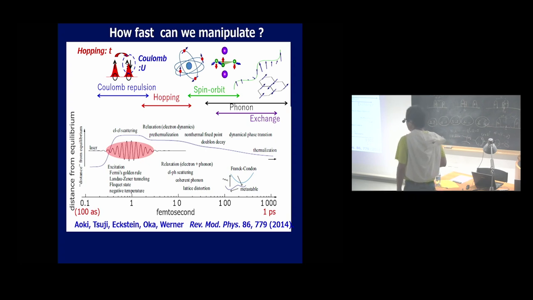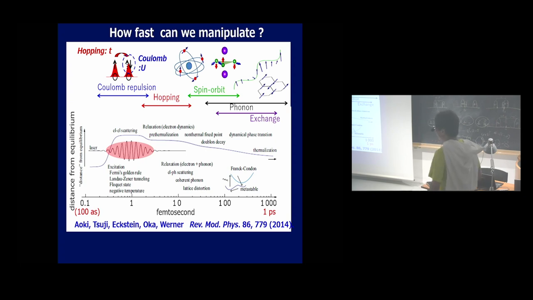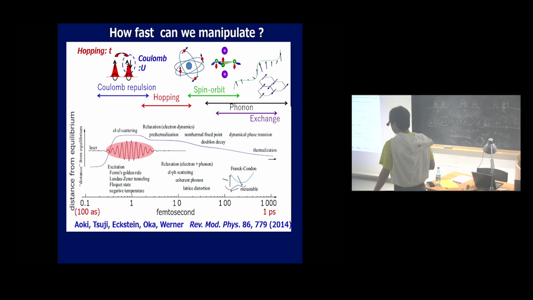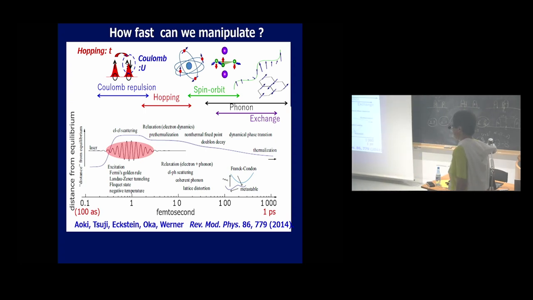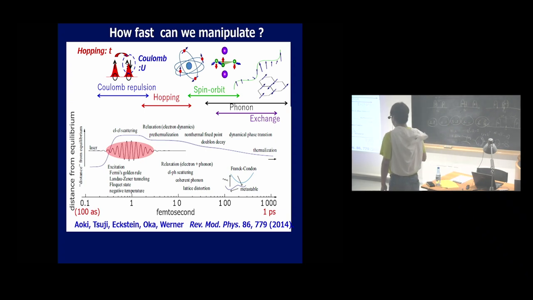Just after the excitation by light, which is an oscillating electromagnetic field with a period of several femtoseconds in the case of near-infrared light. After the irradiation, we need at least several picoseconds or several tens of picoseconds to realize the macroscopic change of the symmetry.